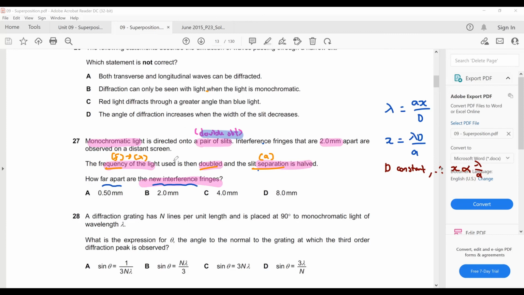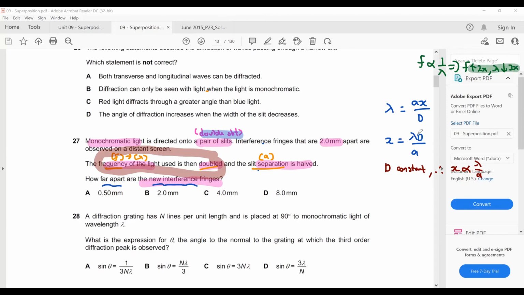If I talk to you about this one, frequency of light used is doubled. What happens to the wavelength? I know that frequency is inversely proportional to wavelength. If frequency is doubled, increases by 2 times, wavelength would decrease by 2 times. That is the significance of increasing the frequency.